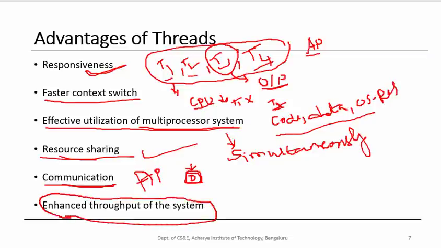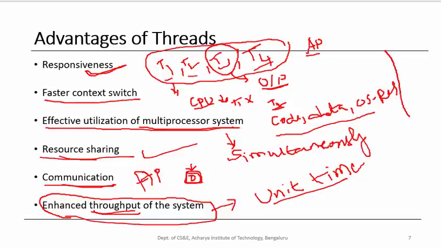Obviously, when you have a multi-threaded application, you can see to it that more processes are executed in the given unit time, which is nothing but the throughput. The throughput obviously increases. Okay, so these are the advantages of using the multi-threaded programming.